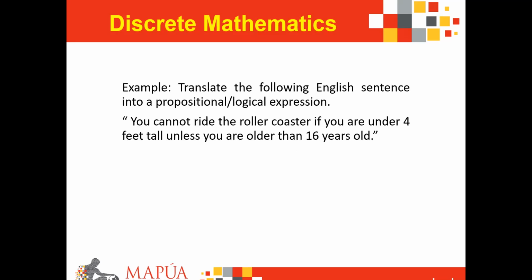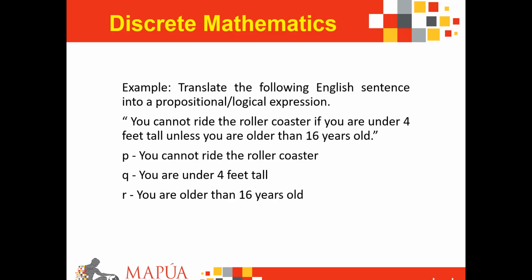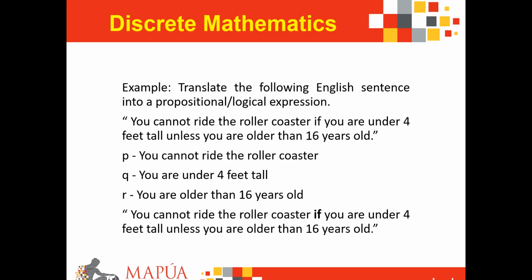Let's translate the other corresponding English sentence. You cannot ride the roller coaster if you are under 4 feet tall unless you're older than 16 years old. Therefore, we identify each corresponding proposition and then assign a letter, in this case P, Q, and R, and then identify the corresponding keywords.